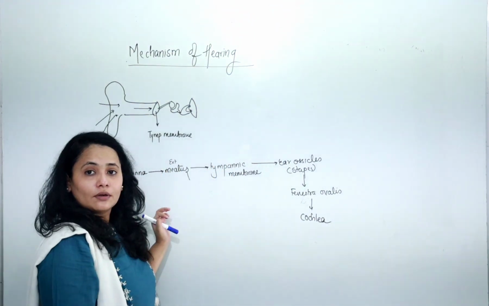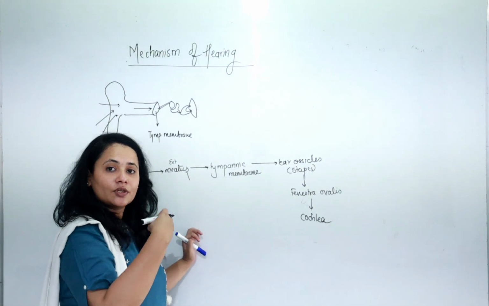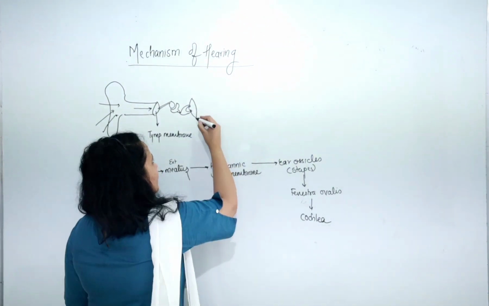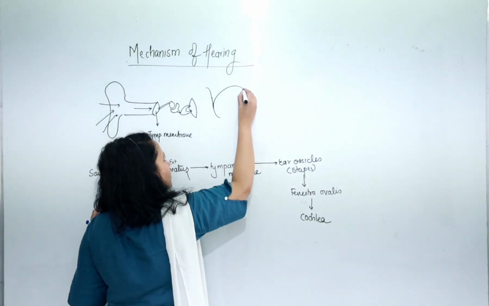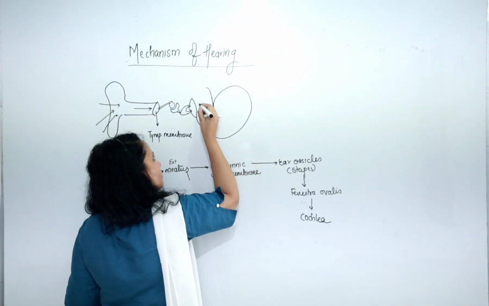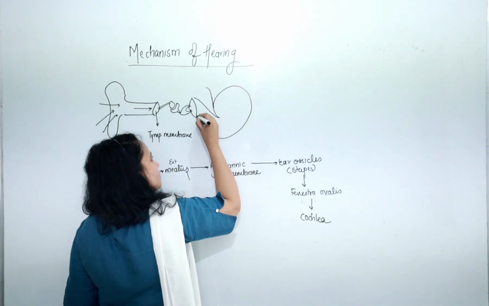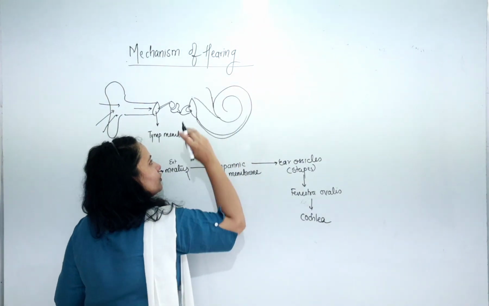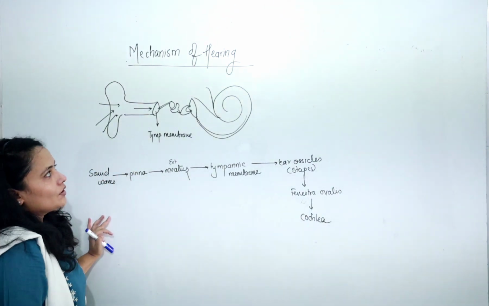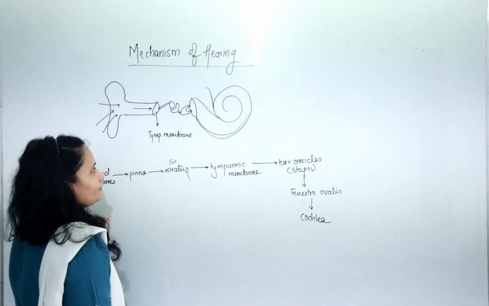which is the bony labyrinth, or we can say the innermost part. So here, I will draw the cochlea. It would be something like this. So it goes to the cochlea.